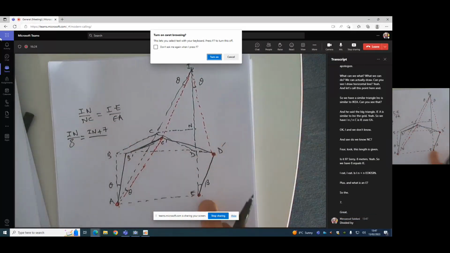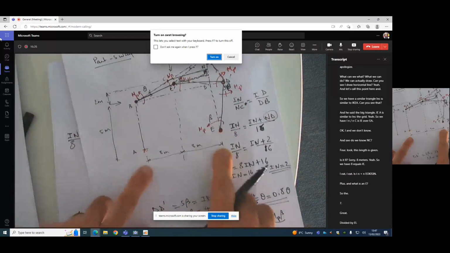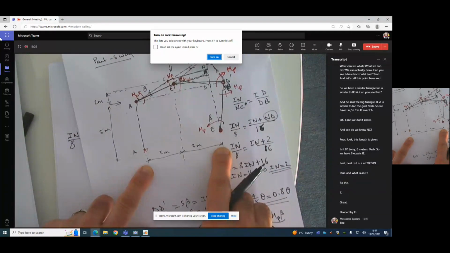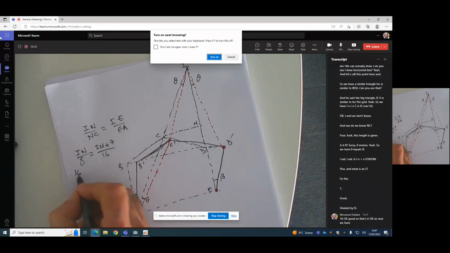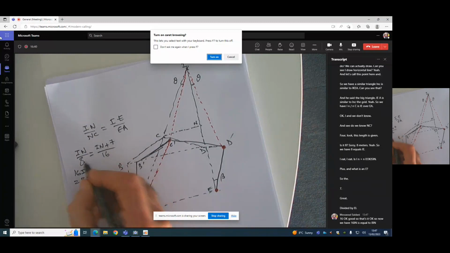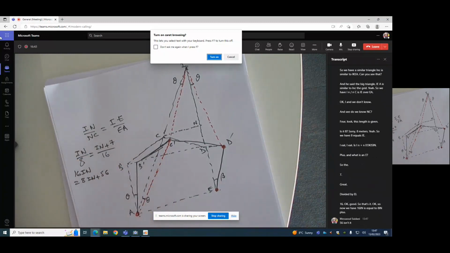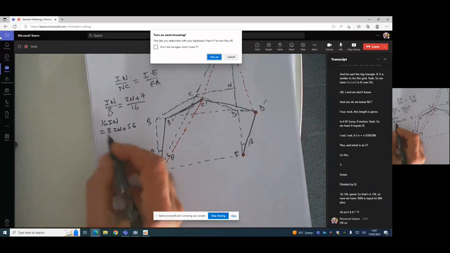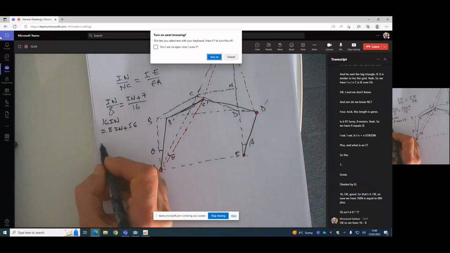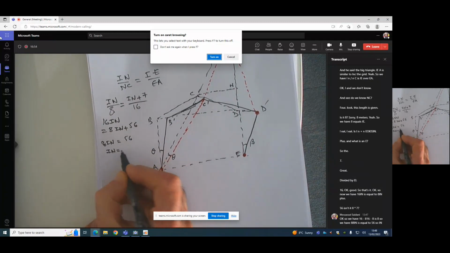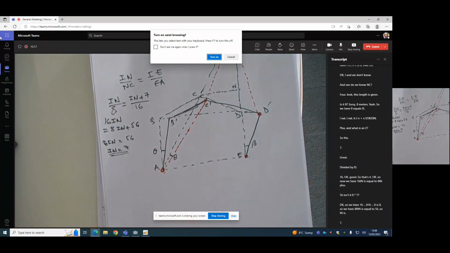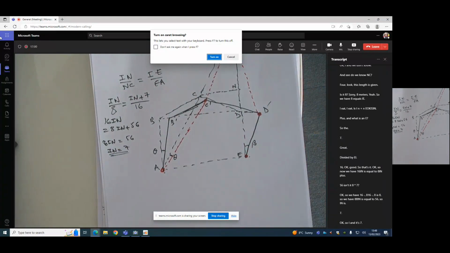Divided by EA, 16. Okay, good. So that's it. So now we have 16 IN is equal to 8 IN plus 56, isn't it? 8 times 7. Okay. So we have 16 minus 8, which is 8. So we have 8 IN is equal to 56. So IN is 7. Okay. So IN is 7.